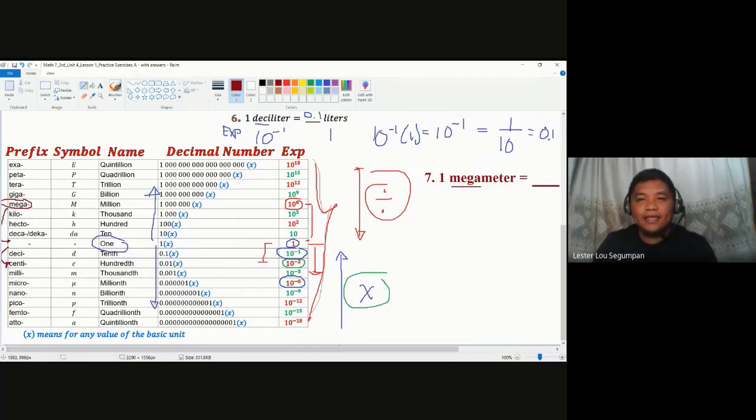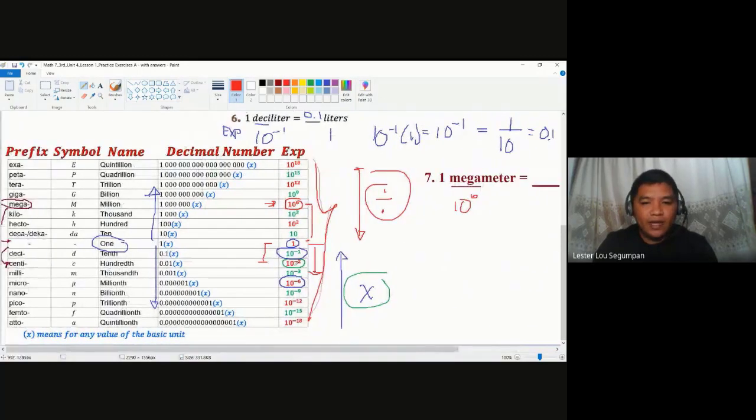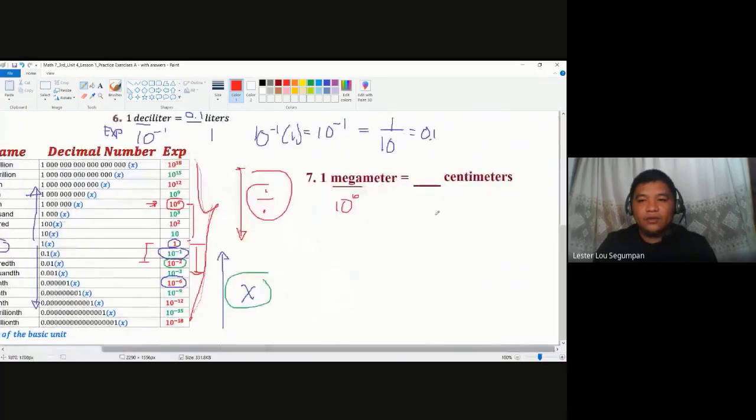For megameter, mega is again 10 to the power of 6. And then you have your centimeters, 10 to the power of negative 2. It's okay for us now not to pass through meters because, first and foremost, these exponentiations for megameter and centimeters are based on the unit without prefix, in this case, meter.